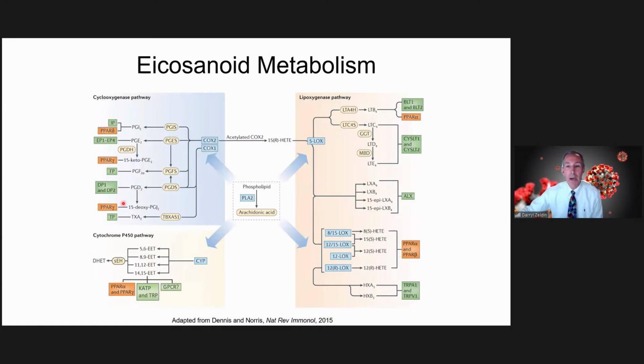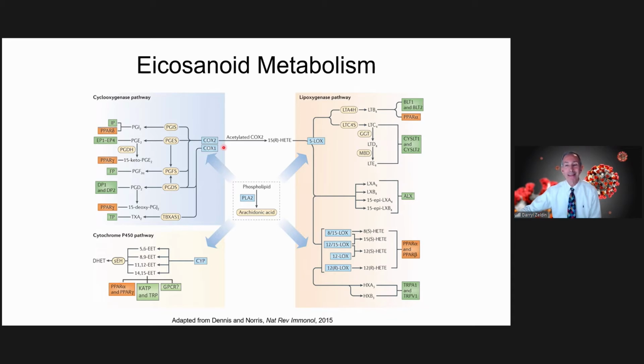So my lab focuses on the role of eicosanoids and other lipid mediators in cardiovascular and pulmonary diseases. Various stimuli, including viral infections, can induce phospholipase A2 to release arachidonic acid from cell membrane phospholipids. And arachidonic acid can then be metabolized by several enzymatic pathways.